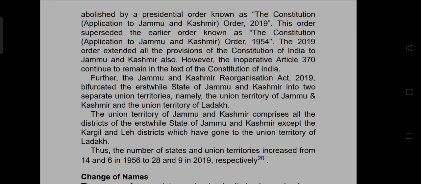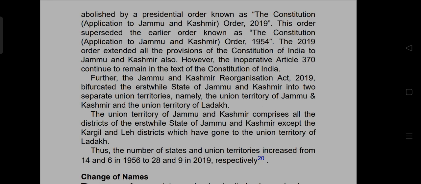Further, the Jammu and Kashmir Reorganization Act of 2019 bifurcated the erstwhile state of Jammu and Kashmir into two separate union territories, namely the Union Territory of Jammu and Kashmir and the Union Territory of Ladakh. The Union Territory of Jammu and Kashmir comprises all the districts of the erstwhile state of Jammu and Kashmir except the Kargil and Leh districts, which have gone to the Union Territory of Ladakh.